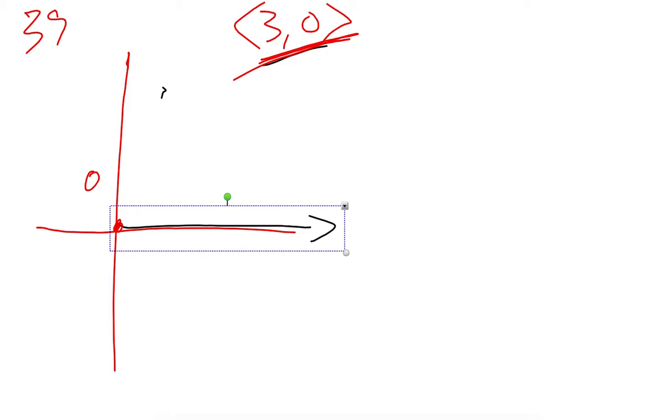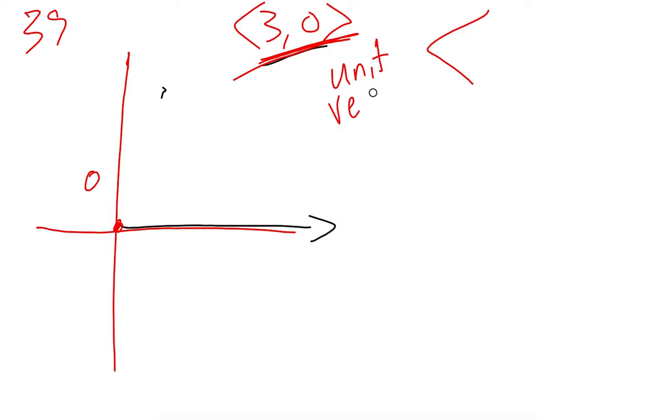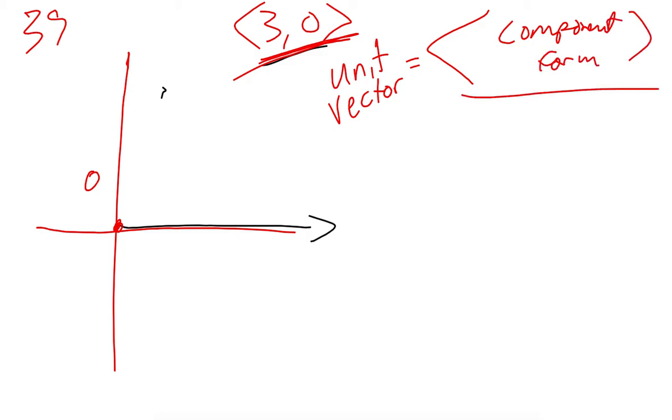To find the unit vector, you're going to take the component form and divide by its magnitude. So if this is vector v, we're going to divide it by the magnitude of vector v.